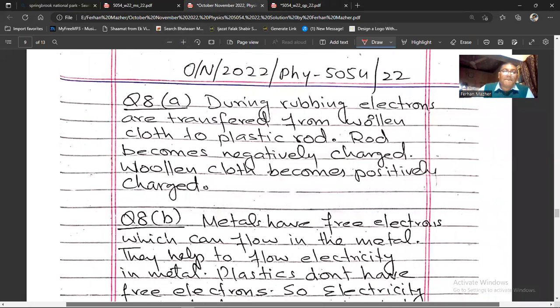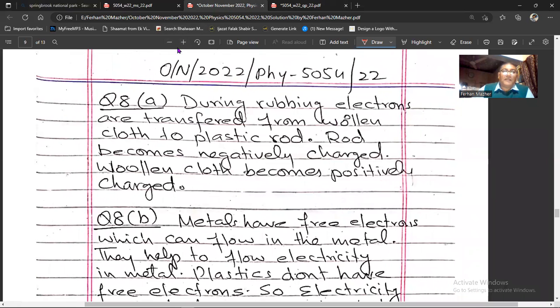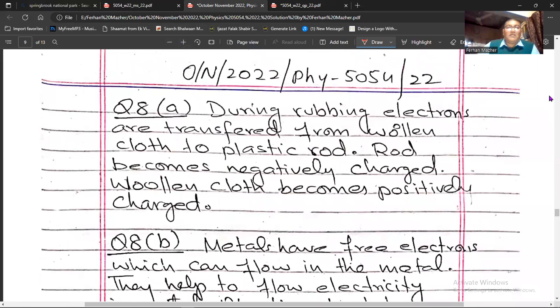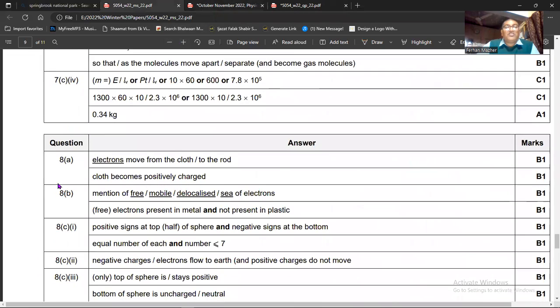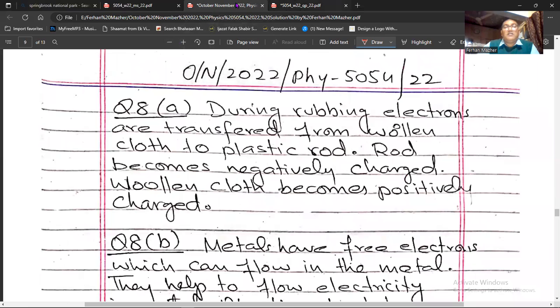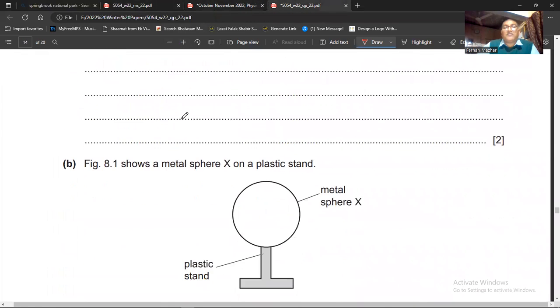So during rubbing, electrons are transferred from the woolen cloth to the plastic rod. The rod becomes negatively charged, the woolen cloth becomes positively charged. Question number 8, you can see the marking scheme. This is my solution.